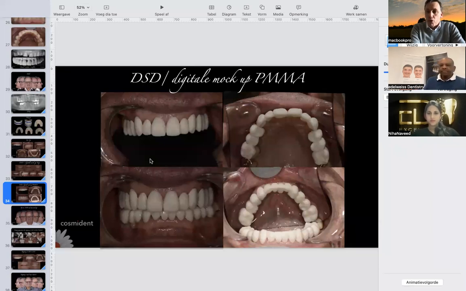I had to go through 4 restoration types before I could finish this case. With the new material blocks which we have, we combine very good results, and Daisy can tell you or show you this for sure. The nice thing about the blocks is we combine the best parts of zirconium, porcelain, and composite together, and that's the reason why we don't need all these steps anymore.